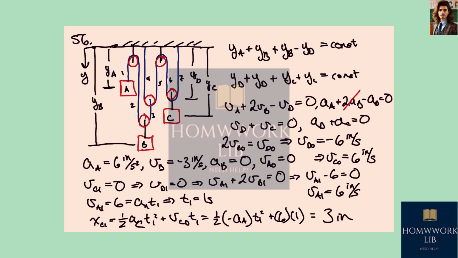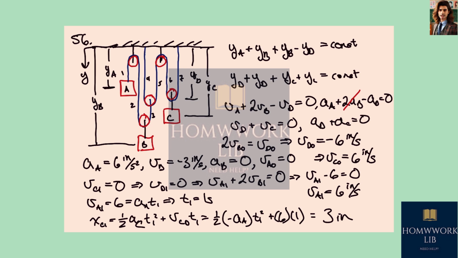So then we can go. We know that this weight here started at rest and has a constant acceleration, and so its velocity at T1 is the acceleration times T1. And so we know the velocity and we know the acceleration, and we just get that T1 is 1 second.